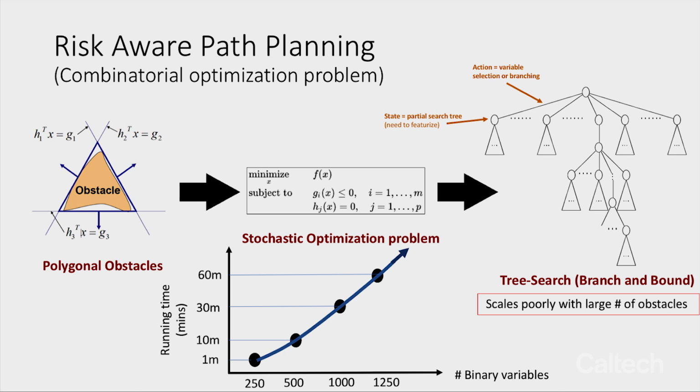It grows from a minute of running time for 10 obstacles to more than an hour for roughly around 50 obstacles. Right? So we can't afford to do just path planning on these rovers for nearly an hour. Because these are computationally hard, we want to be able to solve these more efficiently.